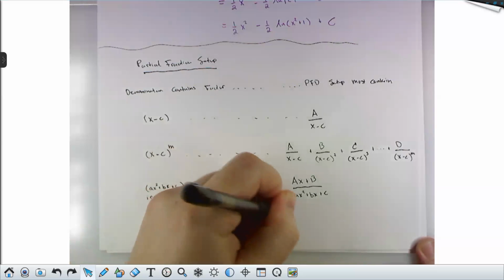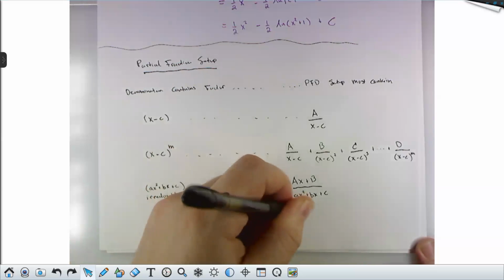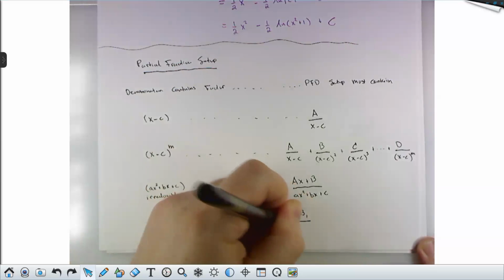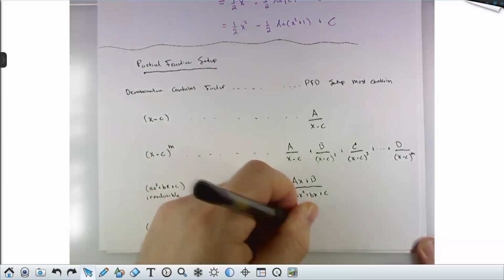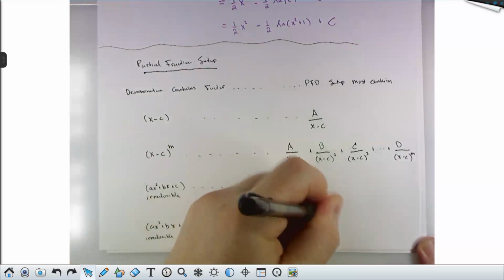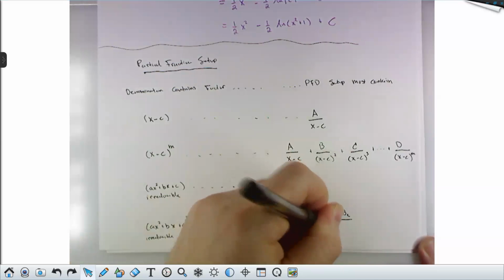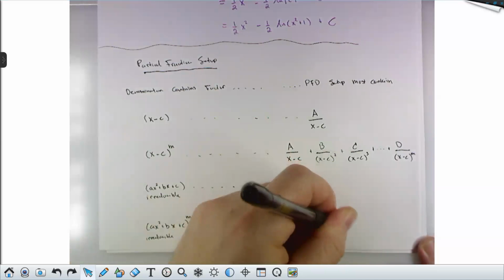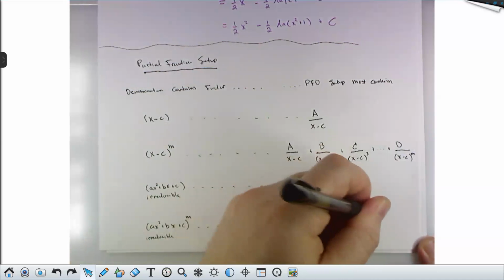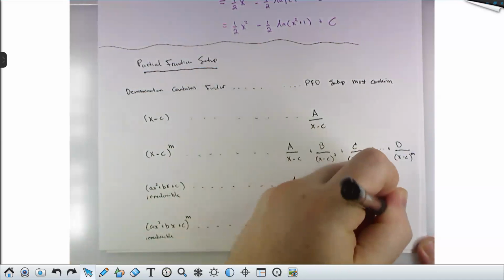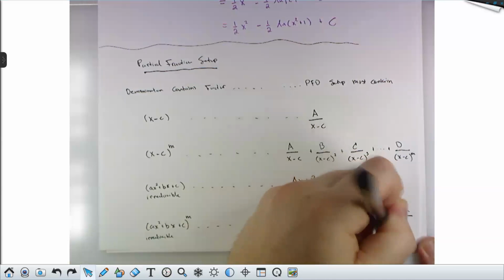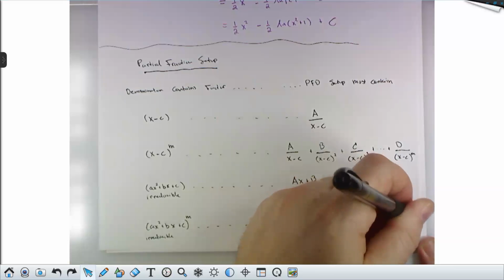In this case, you'll have something like this. And you have to build up to that multiplicity with a bunch of terms that each look like the thing from the irreducible quadratic. Like this.